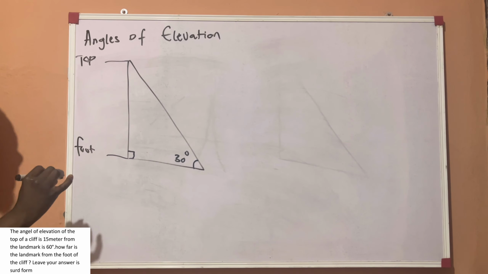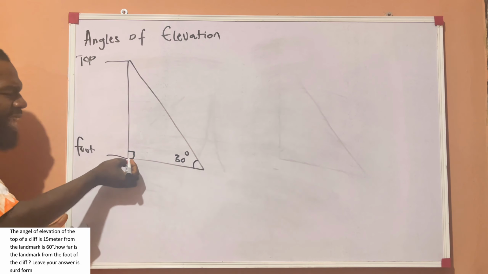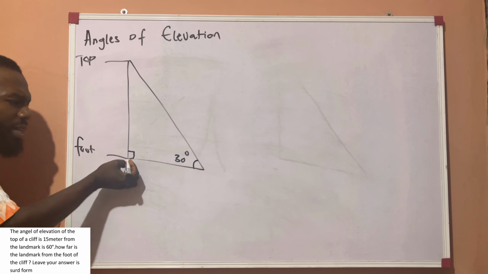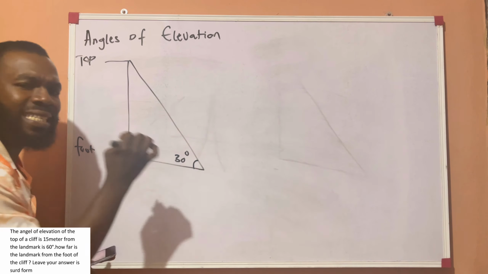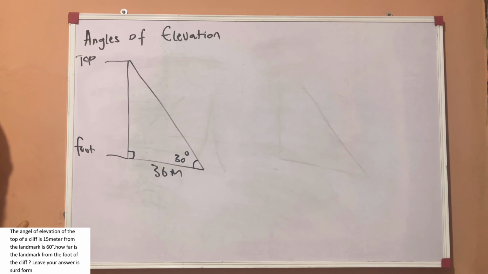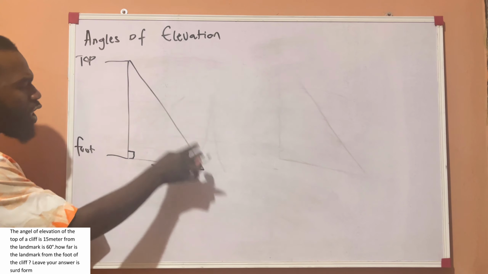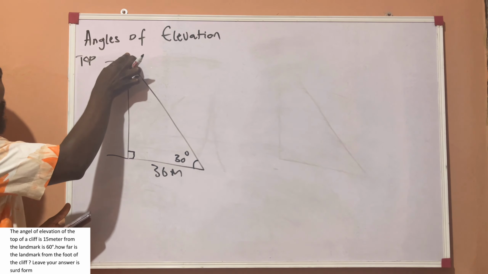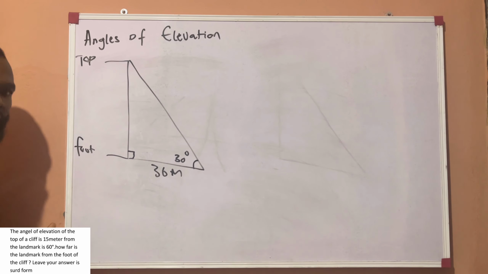Now, the question said the distance between the angle of elevation and the foot of the tower. So it means that this is the line that is actually given, and we were told that it is 36 meters. If the question said the distance between the observer and the top of the tower, it means this place automatically becomes the 36 meters.